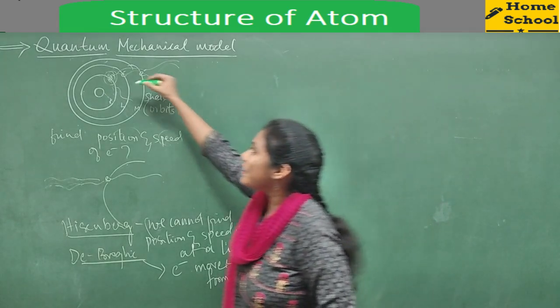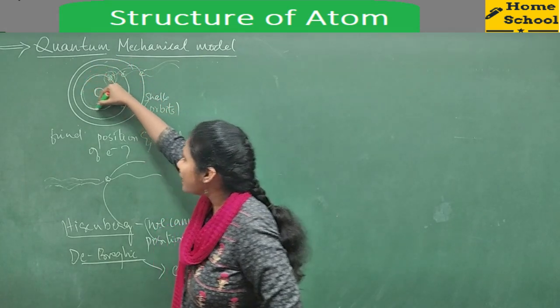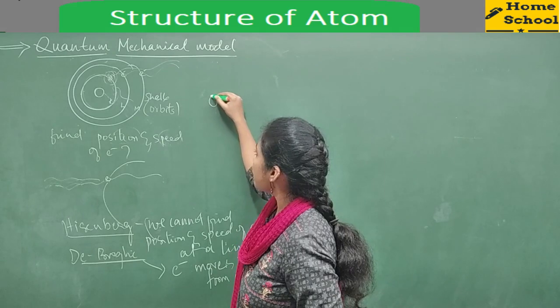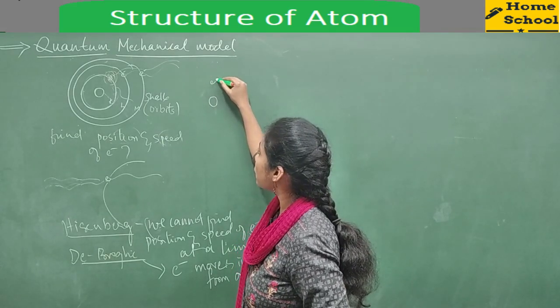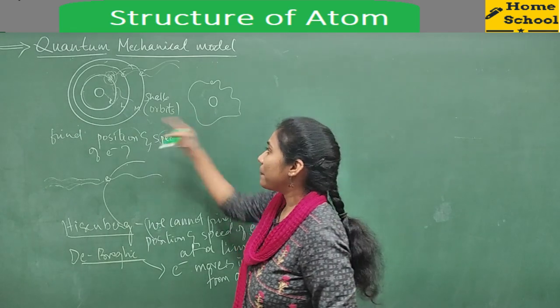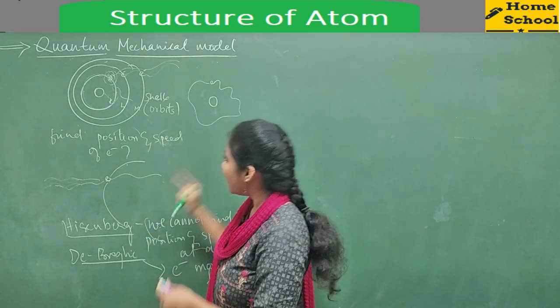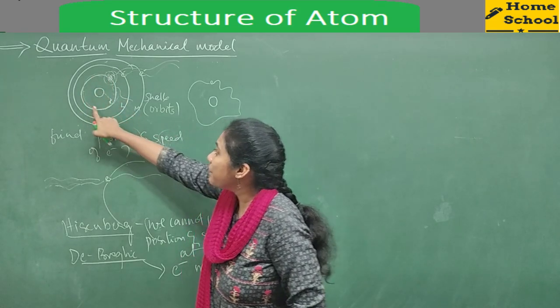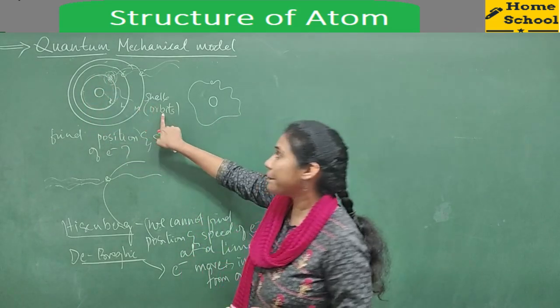The electron doesn't move like that in a fixed orbit. Instead, if this is a nucleus and here is an electron, it would move in the form of a wave. So I can clearly say that the electron does not move in fixed orbits.